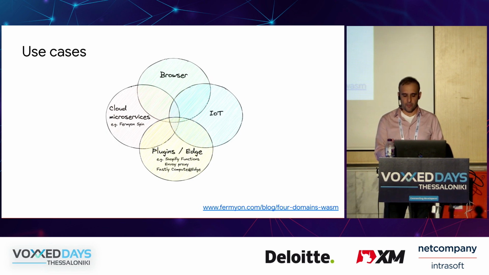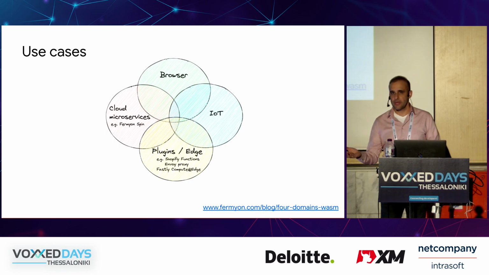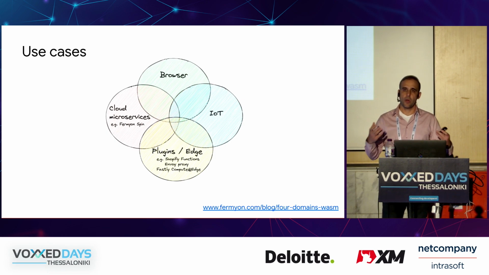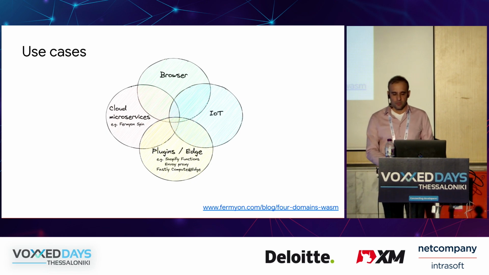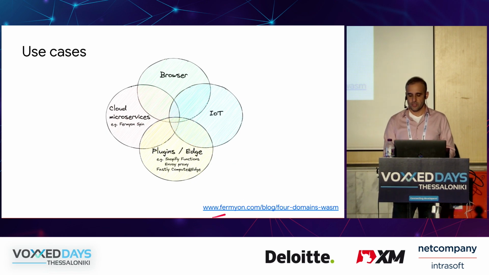There's a company called Fermyon, which is a startup that has a framework called Spin that's trying to give you a way to write some code in their Spin framework, and then deploy it to the cloud using WebAssembly. If you go to this link from Fermyon, they get into these use cases and explain them much more.